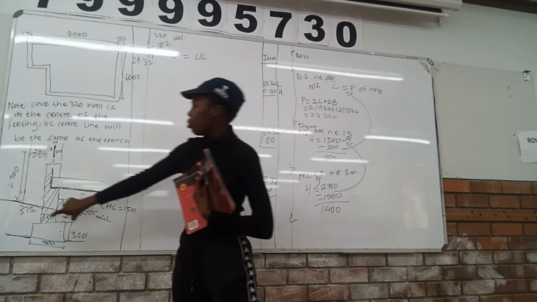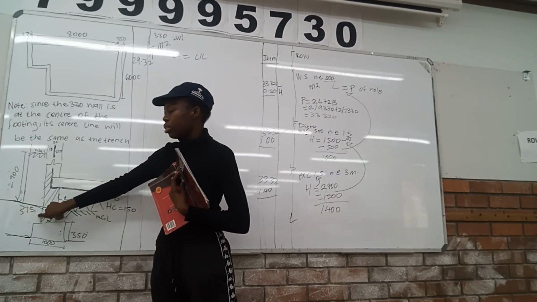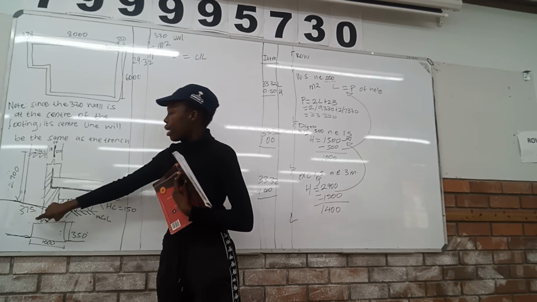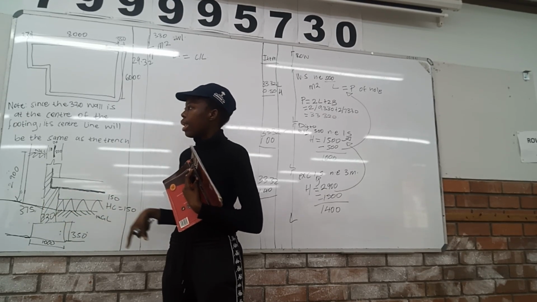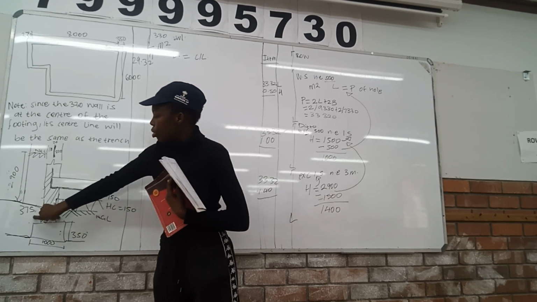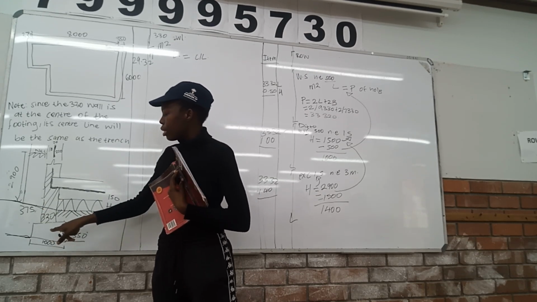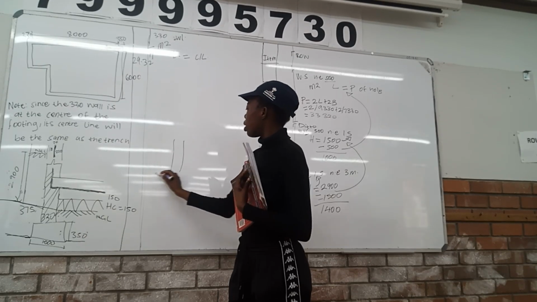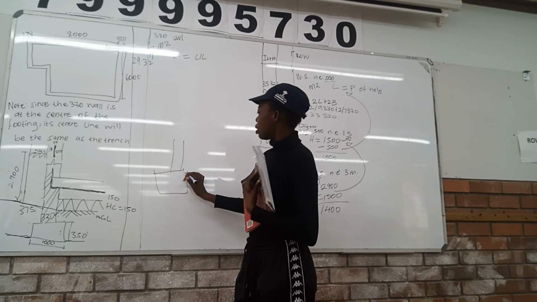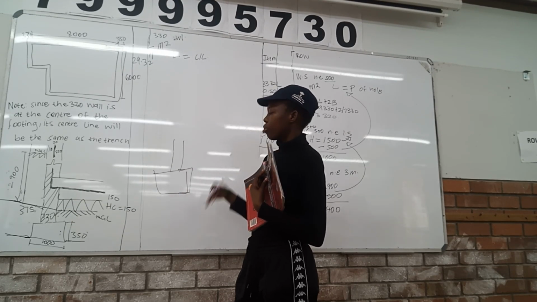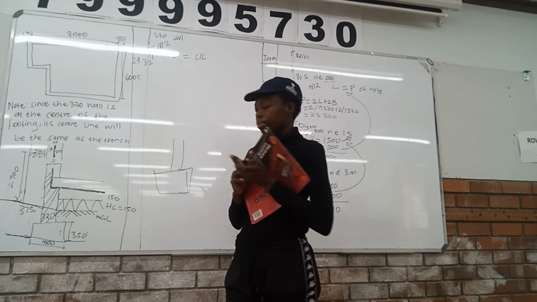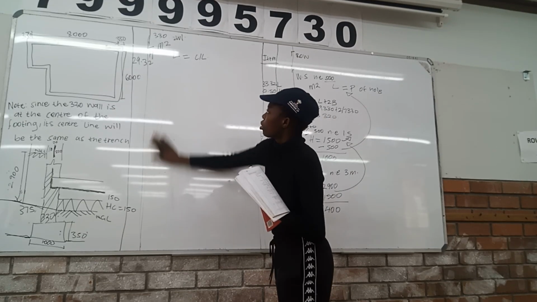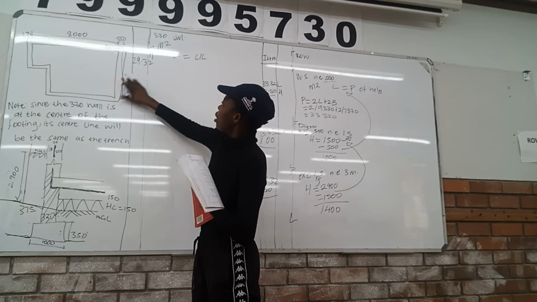Length of foundation wall. 330 here is the foundation wall. The length of the foundation wall is the center line. And then where do we get the center line? The center line of the 330 wall will be the same as the center line of the trench because our 330 wall is in the middle of our footing. So you should have said center line.